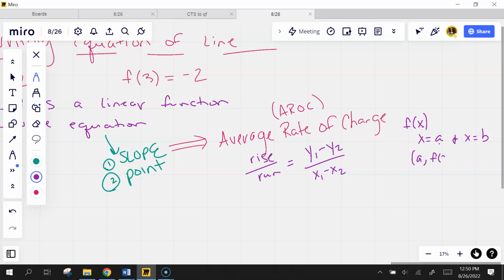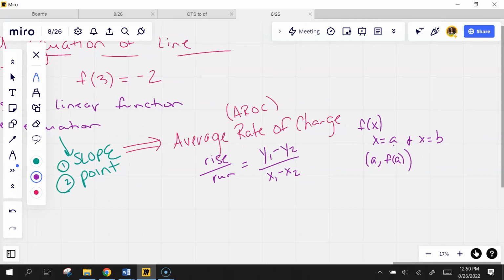So a, f of a. It does make it worse. It's the thing with pre-calculus and calculus. It's going to make it worse before it makes it better, because in order to do the things that we're going to do a little bit later, you're going to have to be able to do this. How would you write the second point b following this same notation? b, f of b. All this is saying is to find this y value, plug b into the f equation.